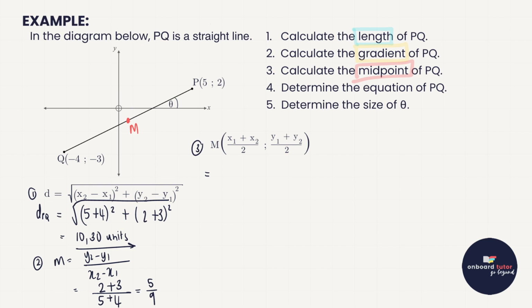So we're going to take x1 plus x2, so we're going to say minus 4 plus 5, and that's going to be over 2. And then the next one, the y coordinates, minus 3 plus 2 over 2. Okay, so what do we end up with? A half and minus a half there. Those are the coordinates. So that could be the coordinates there of M.